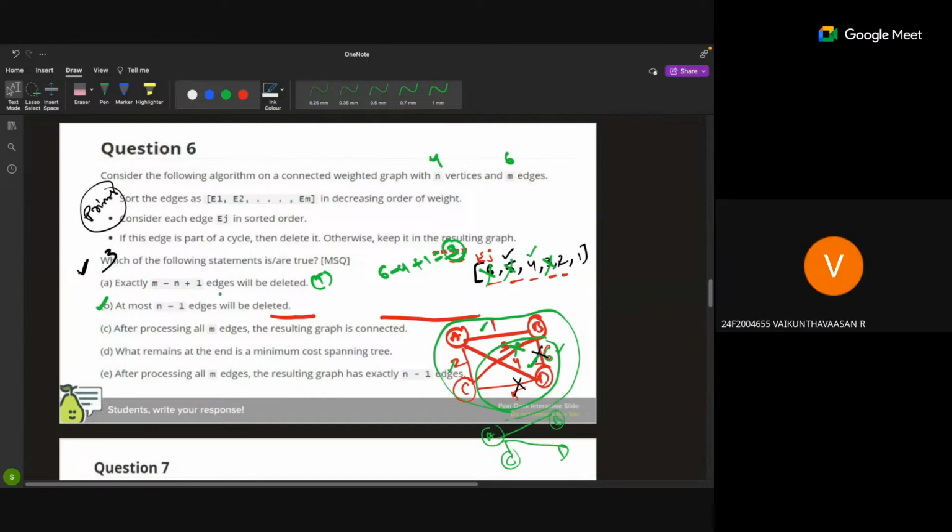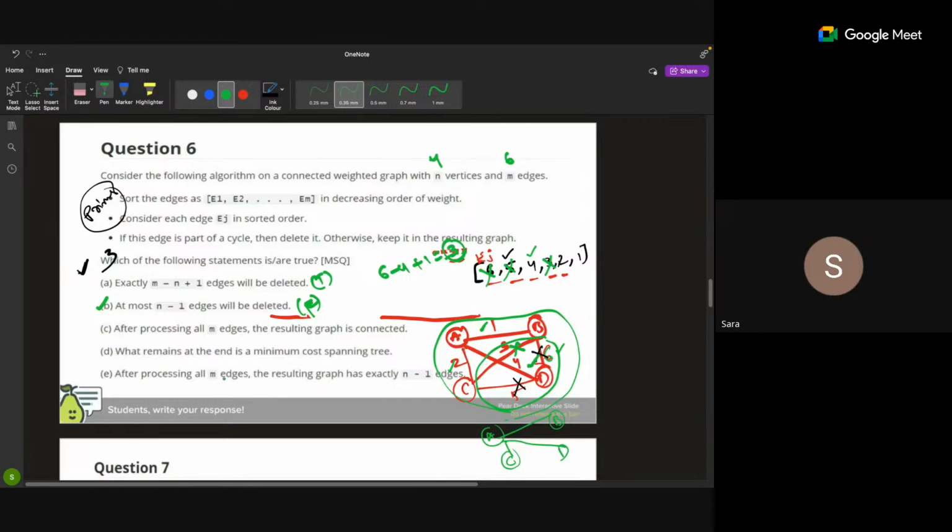At most n minus 1 means currently with 4 vertices, 4 minus 1 is 3. Can we delete a maximum of 2 to create that spanning tree? No, sir, because a cycle still exists. It is not possible. So this is going to be false.